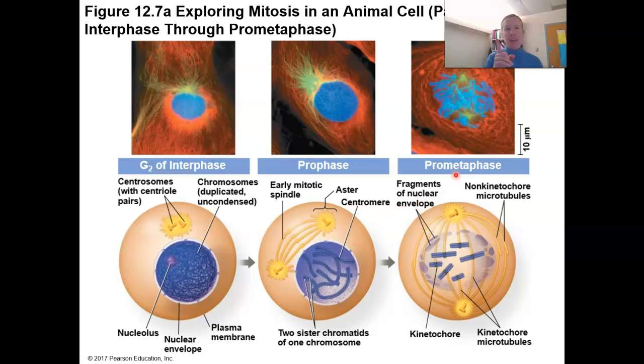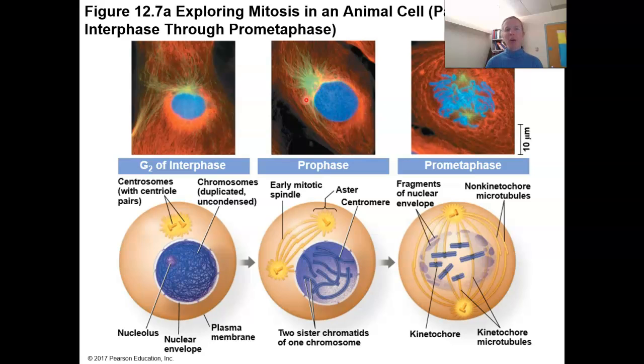In lab, we will not use prometaphase. It's really hard under the microscope that we're using to distinguish this from other phases. But notice a couple things that happen here. Importantly, the nuclear envelope fragments. Notice now the DNA is spreading out more widely.